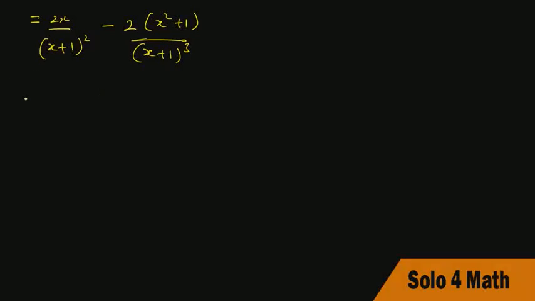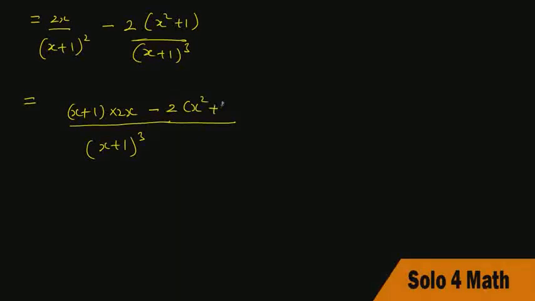Alright, now we simplify this. We can take the LCM to be this, which is (x plus 1) cubed. And when we divide this by this, we end up with (x plus 1) into 2x, minus, this divided by this, so 1, we end up with this, (x squared plus 1).